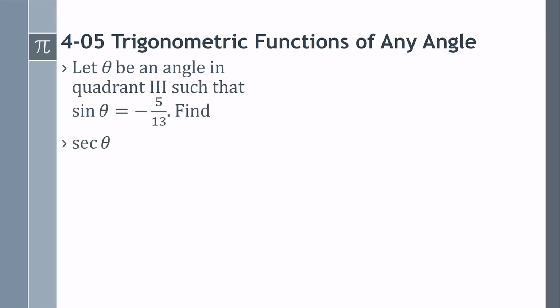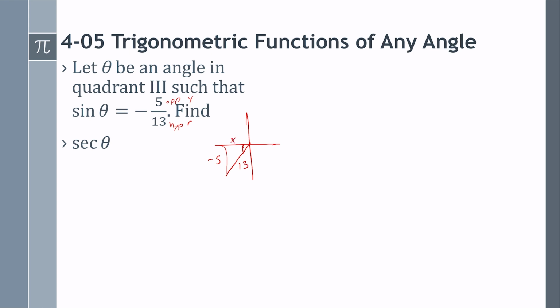All right, let's make it a little more interesting. So let theta be an angle in quadrant 3 such that sine is negative 5 over 13. Well, it says we're in quadrant 3. Sine is the opposite, or the y, over the hypotenuse, or r. So the y is -5, the r is 13.